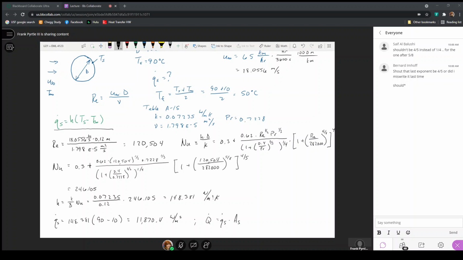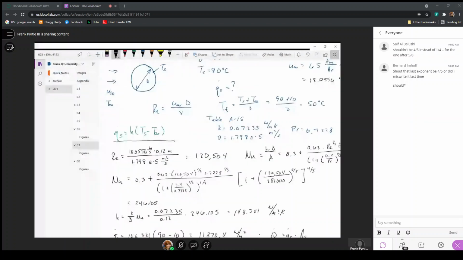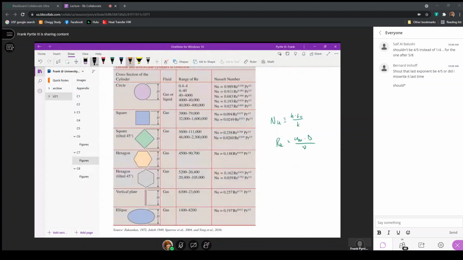So if I go back to table 7.1, our Reynolds number of 120,000 falls in this range of 40,000 to 400,000, and it says that the Nusselt number correlation that we would use would be this one, and we would then use the same definition for the Nusselt number to get the value for the heat transfer coefficient.